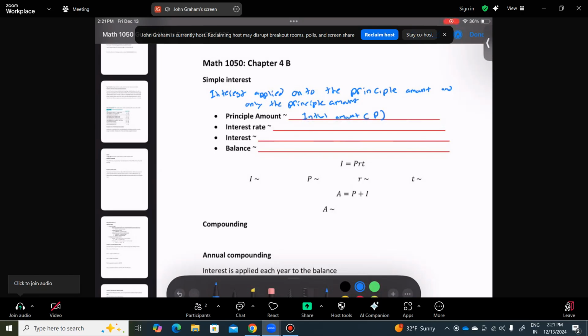The interest rate, this is the percentage applied to the principal.